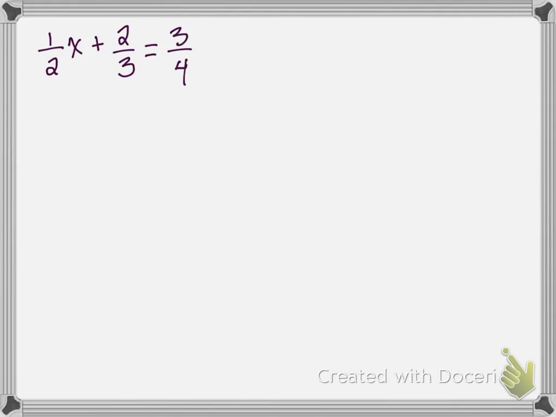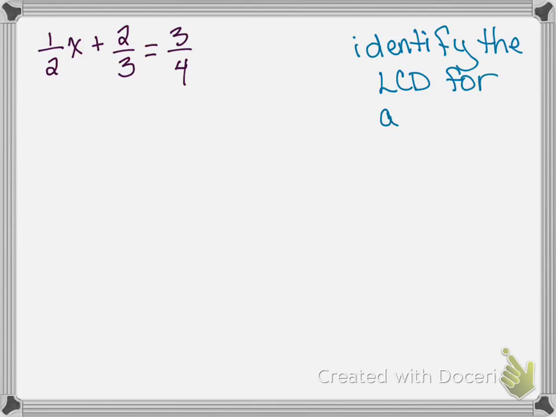So what I want you to do for this one is identify the LCD for all fractions, not just the 2/3 and the 3/4. What is the LCD for all of the fractions here? We've got 2, we've got 3, and we've got 4. It is 12. Okay?